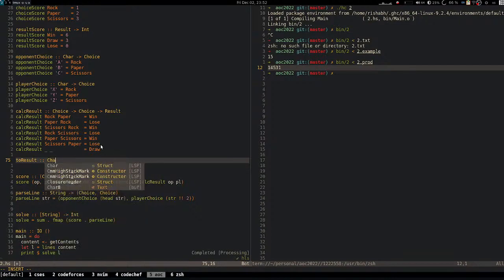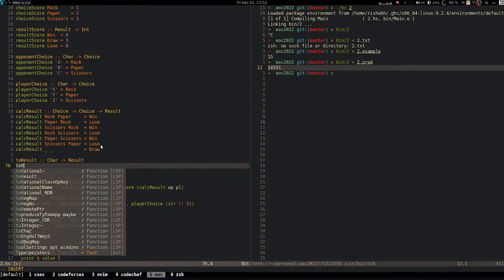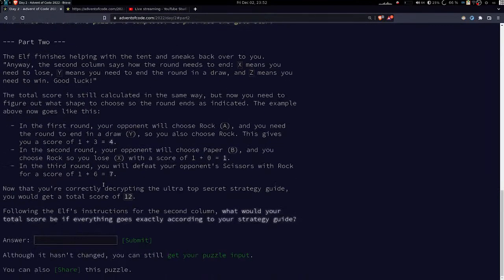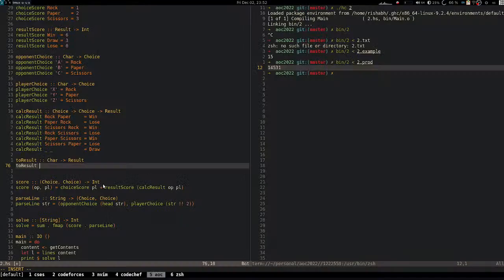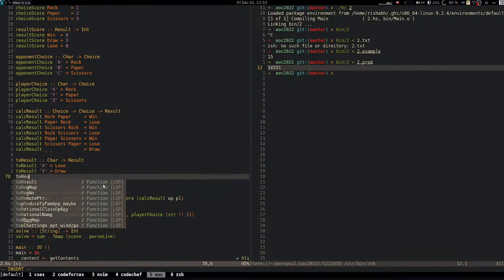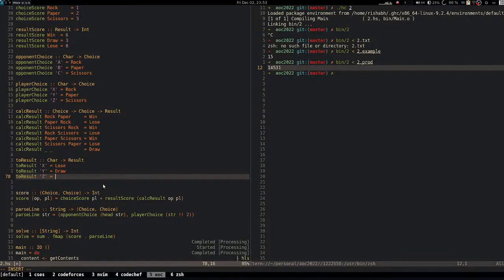We take a care and we take it to result. X means you need to lose, so X equal to loss. To result: Y equal to draw. To result: Z equal to win, right?